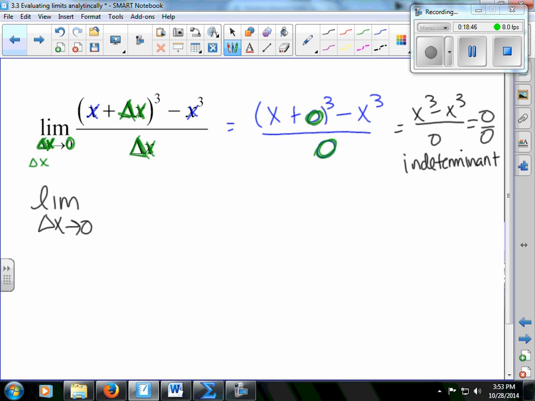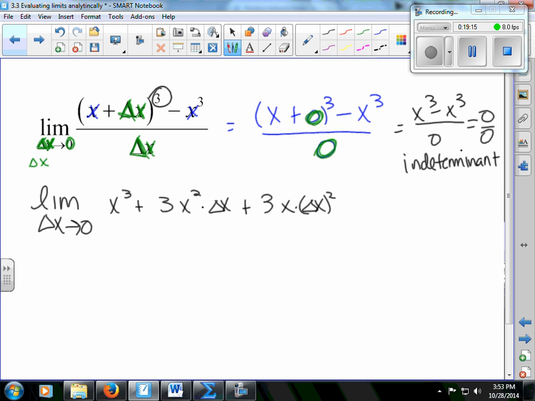The way I'm going to evaluate this is I'm just going to evaluate the cubic expression. So when I cube x plus delta x, I have to FOIL twice. I'm not going to go through all of that math. I just know that it's going to turn out as x cubed plus 3x squared delta x plus 3x, and now this time it's delta x who's squared.